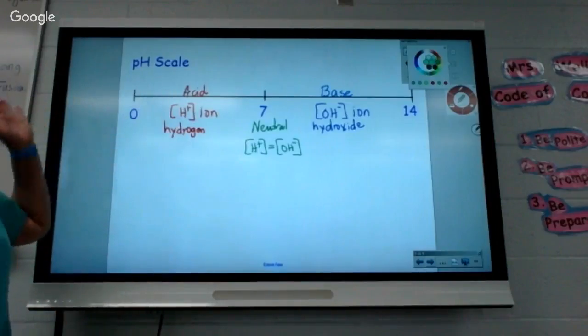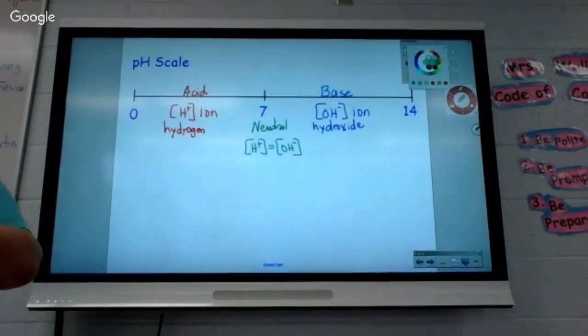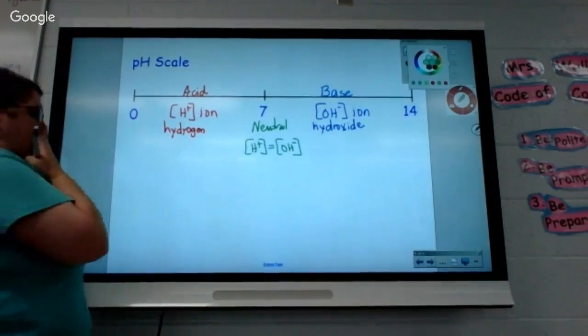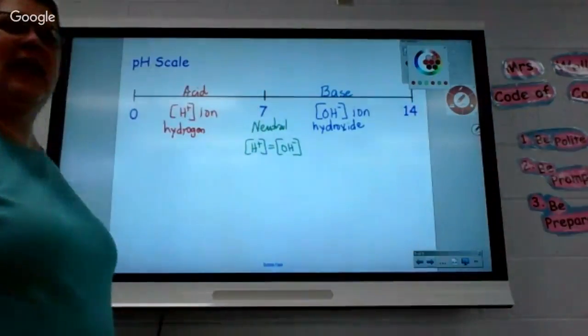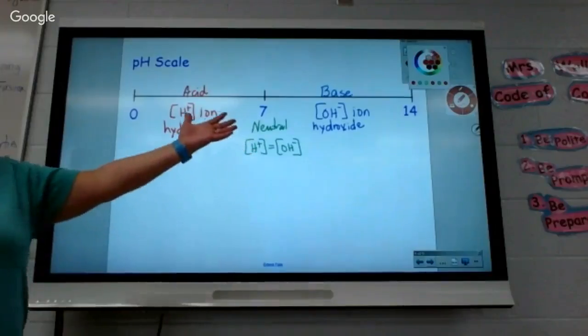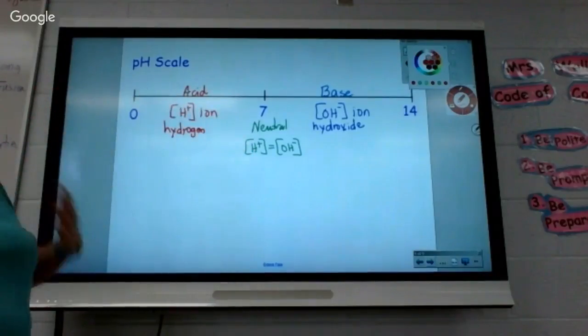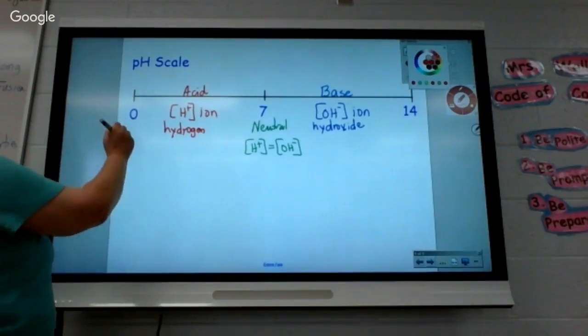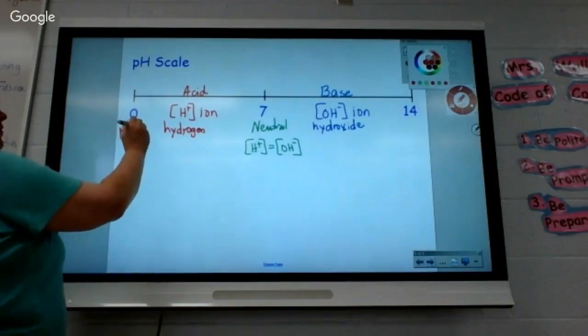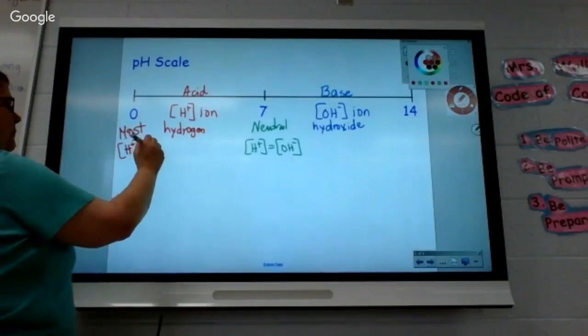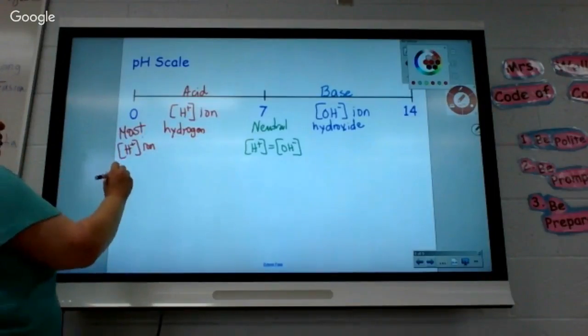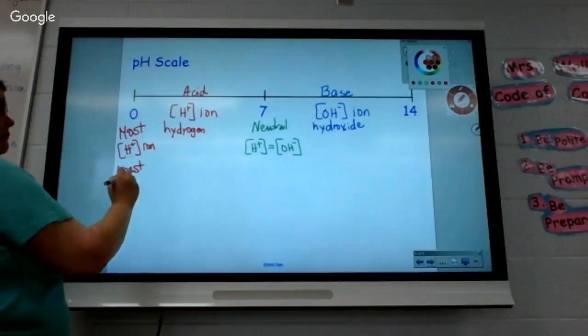Now, everywhere less than 7, what can you tell me about the hydrogen ion? It's more, okay? So down here in the red area, we have more hydrogen ion. Where's the hydrogen ion going to be the absolute greatest in this area? 0, okay? At 0, you have the most hydrogen ion. So that means you're going to have the least OH ion.